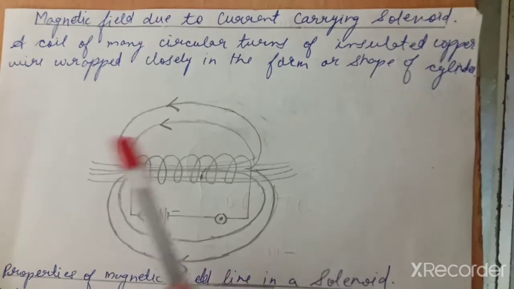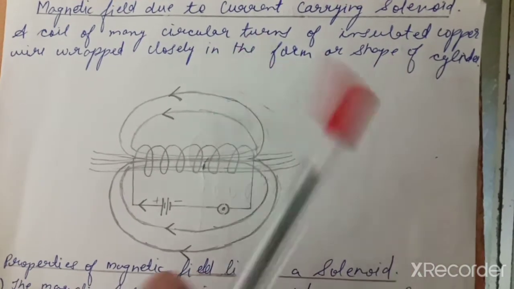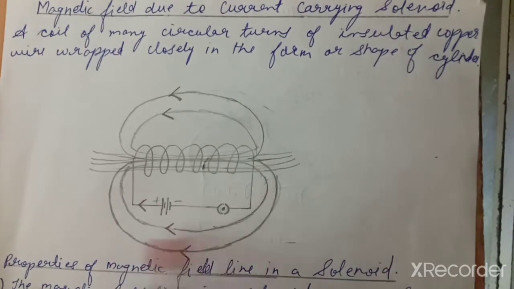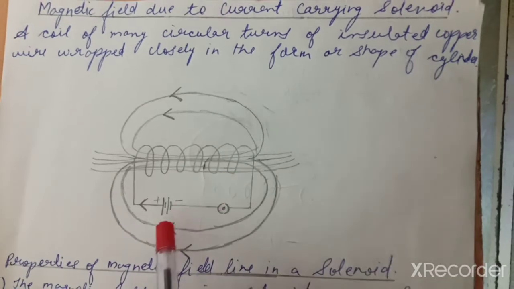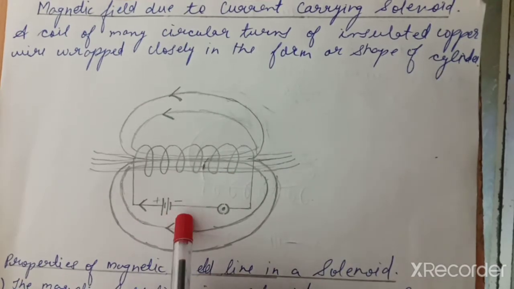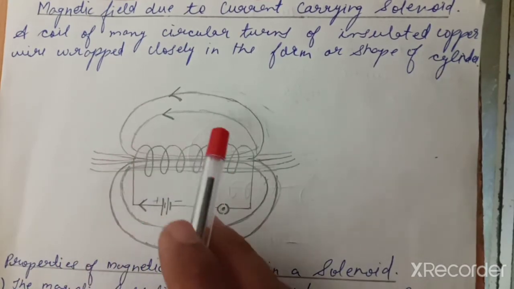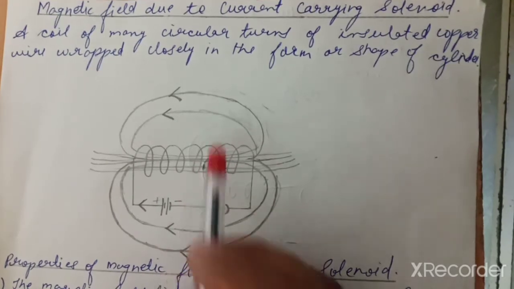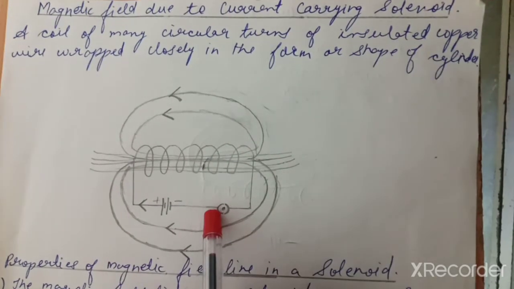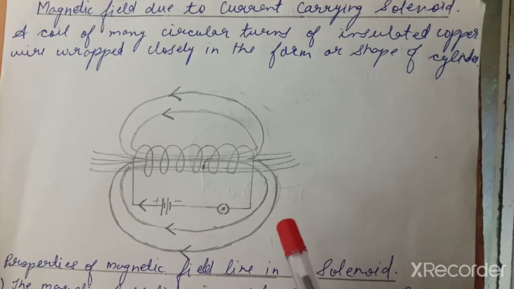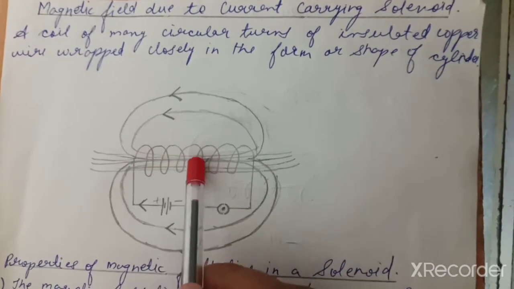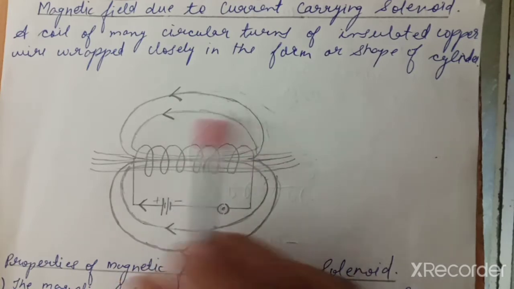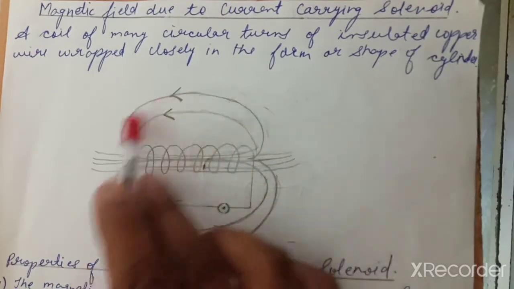Now, if you see the properties of the solenoid, when it is connected to the two terminals of the battery, the current starts flowing. We know that a current carrying conductor always produces a magnetic field, so this current carrying solenoid will also have a magnetic field around it, as you can see in the shape of the magnetic field.